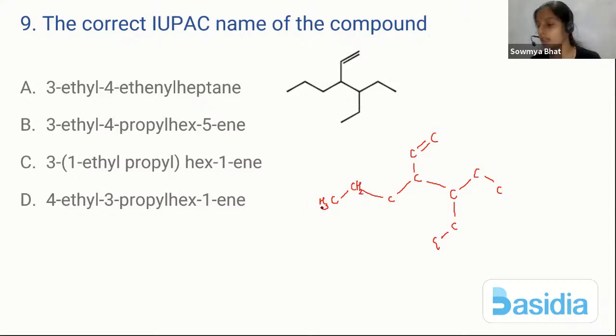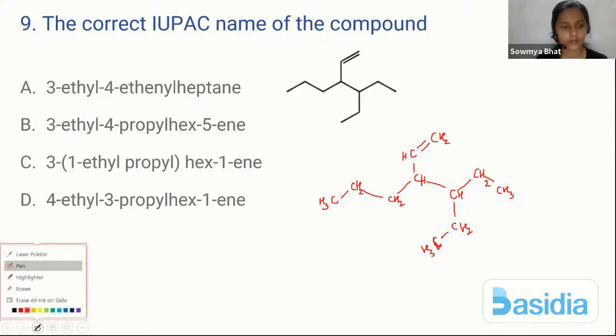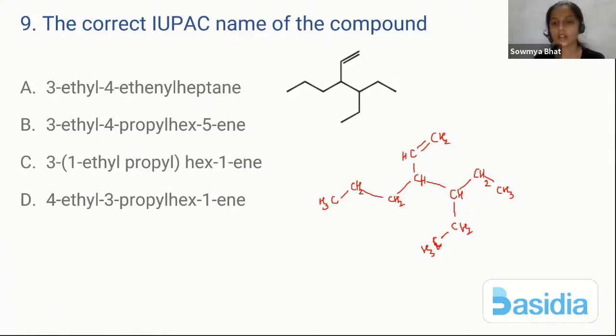How do you fill with hydrogens? You know the valency, the number of bonds possible for carbon, is 4. So based on that, you are going to fill them. CH2, and there is CH, and it is CH2 here, CH3 here, and this one is CH2, this is CH3. Now what you're going to do next is you're going to number it.